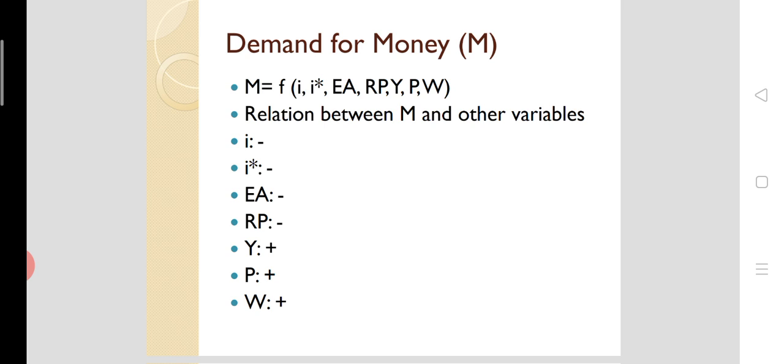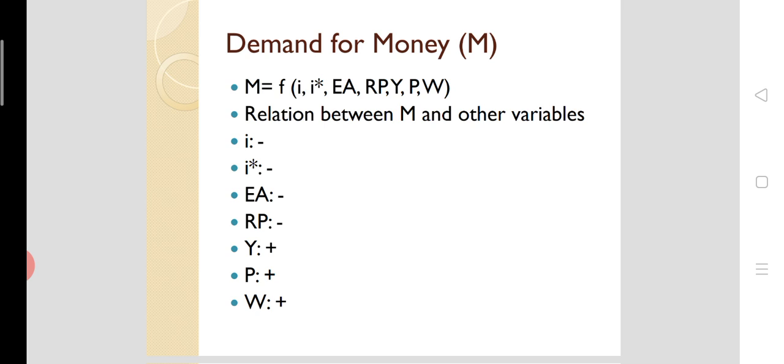When the rate of interest on domestic bond is higher, demand for domestic bond will be higher and demand for money will come down, as more money will be used for purchasing, investing in domestic bond. So demand for money will come down.